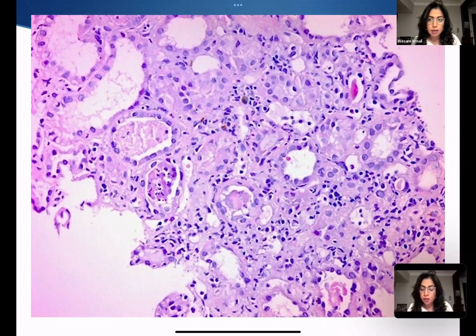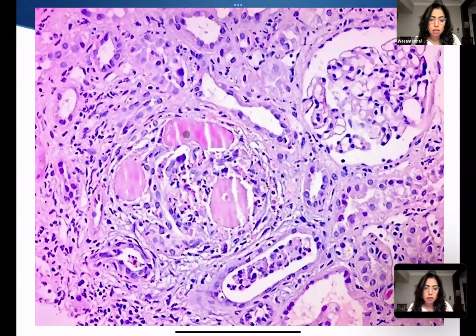But if you look at the next slide, there was one of these casts. Yes, now this was the single cast in the biopsy. You can see that you have a lot of neutrophils here, but this cast seems a bit fragmented rather than fractured.